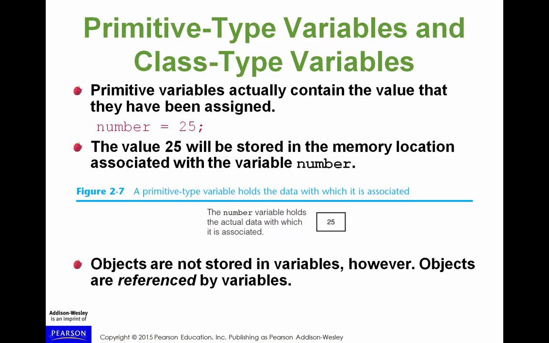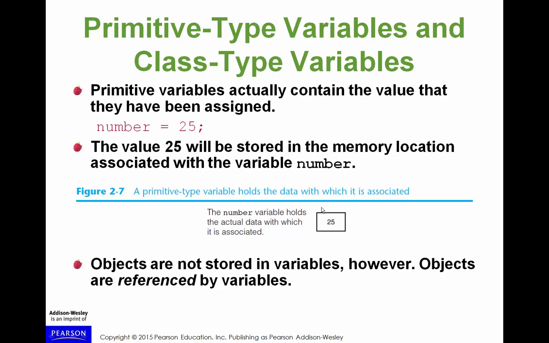So when we create a variable, let's say it's an int called number, and we assign 25 into it, then there's a memory location that number refers to that has the value 25. It'll be stored, of course, in binary, but it's stored in a memory location that we have associated with the variable name number. And often we represent these things as boxes.